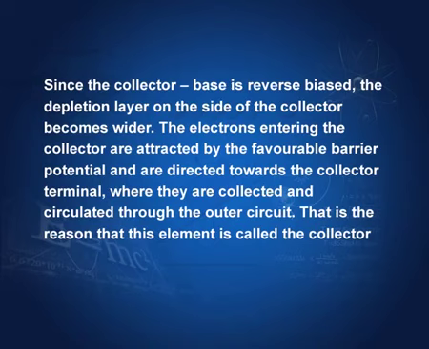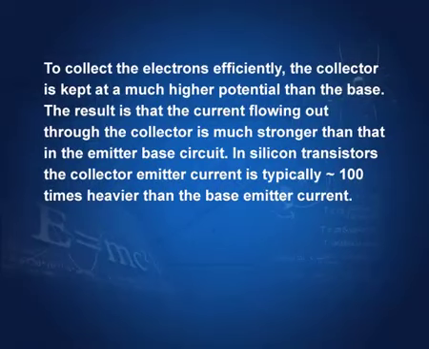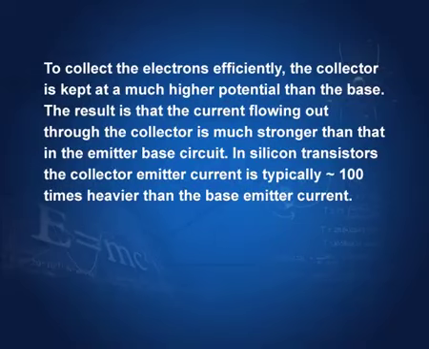That is the reason for this element to be called a collector, because it collects electrons which are sent by the emitter. To collect electrons efficiently, the collector is kept at a much higher potential than the base. Obviously, because if the base potential is higher, then it will attract electrons. So, the base potential is kept lower and the collector potential is kept very high, so that all the electrons are collected by the collector.